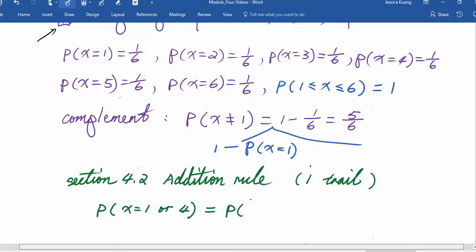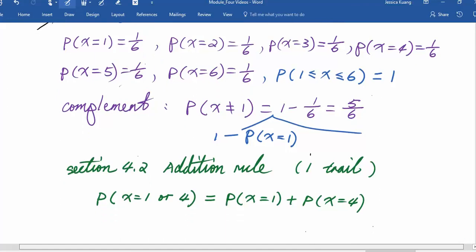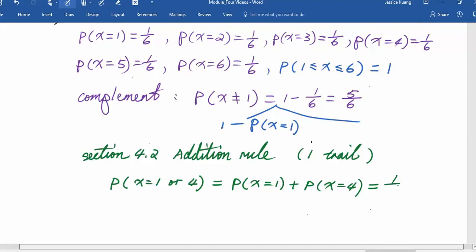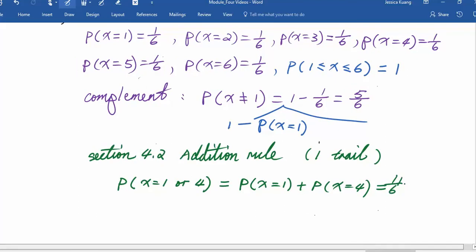In this case, I could sum the probability of getting a 1 plus the probability of getting a 4, and that will give me 1/6 plus 1/6.